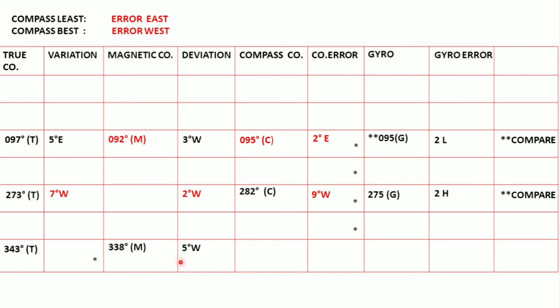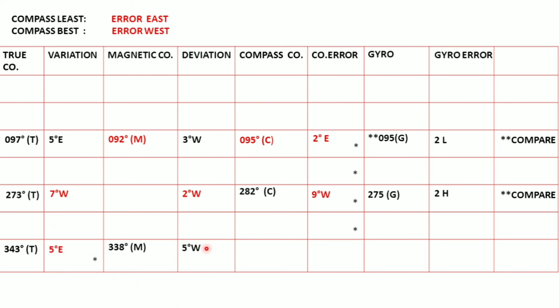Here, he has given me the deviation, he has given me true and magnetic. I can always find out my variation, the difference between these two. Compass is least, error is east, 5 degrees east.